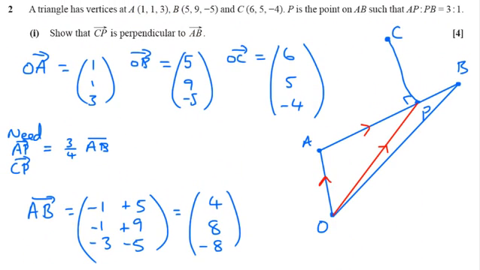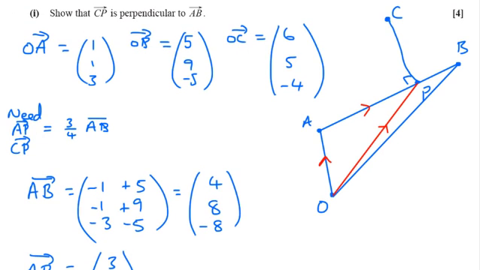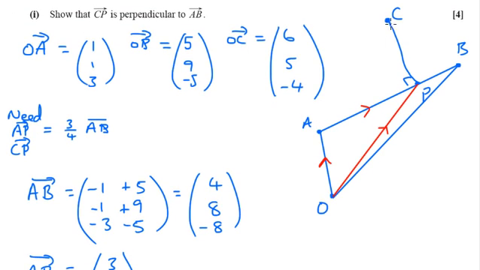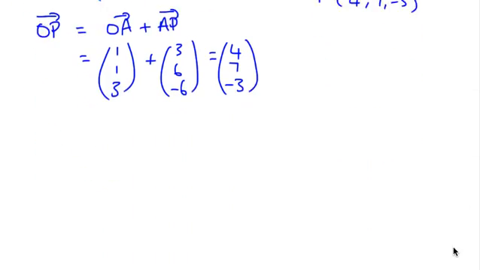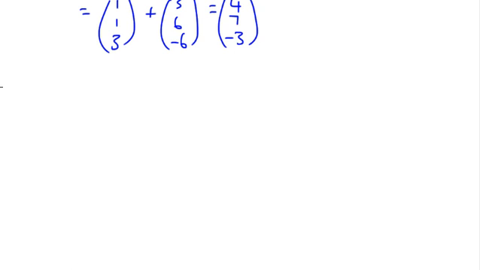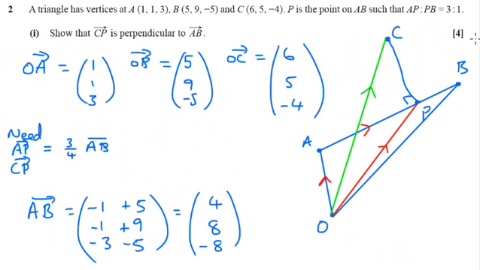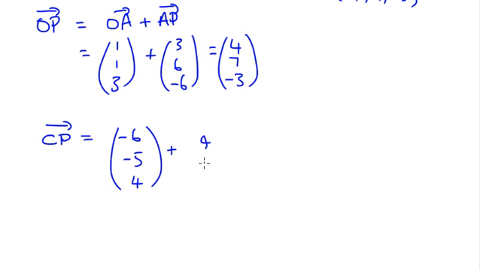That's going to allow us to get C to P. If I draw another line, we want C to P, we're going to want to go from C to O plus O to P. So that's going to be -6, -5, 4, plus, so that's back down the green one, and then plus P's position vector O to P, which is 4, 7, minus 3.